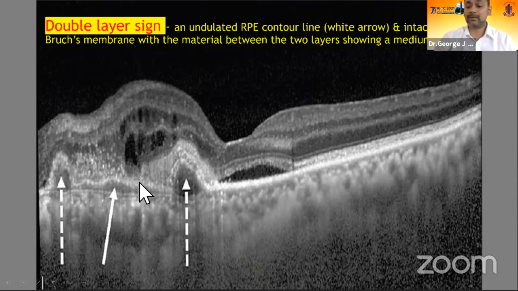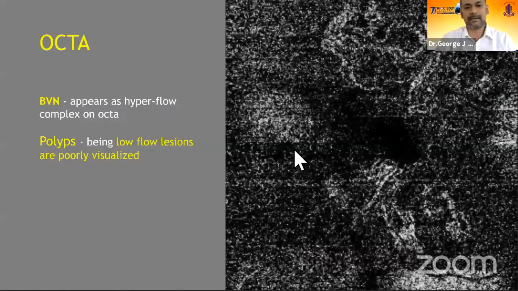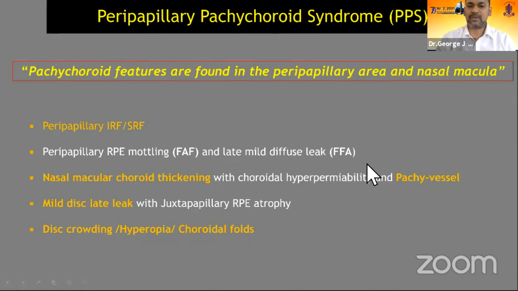These are all classic OCT signs, and the new consensus group has found around 82% non-ICGA OCT diagnosis of PCV compared to the gold standard ICG. So it is quite an important feature to understand on OCT, and OCTA also picks up this branching vascular network, but polyps being low flow lesions are poorly visualized on OCT angiography.